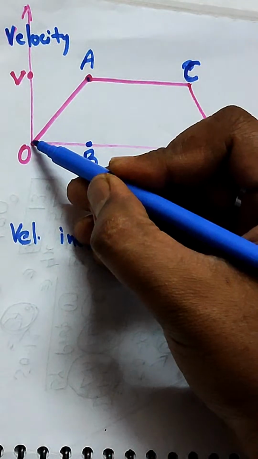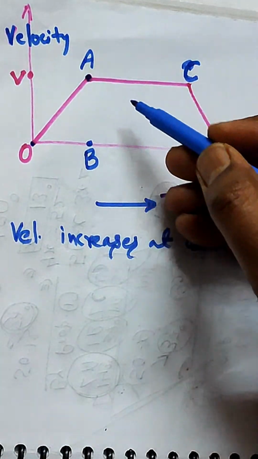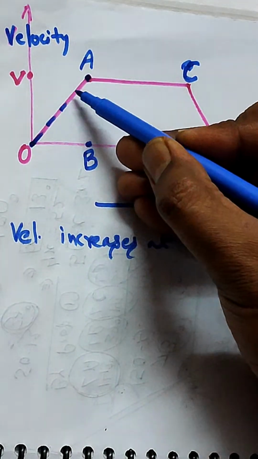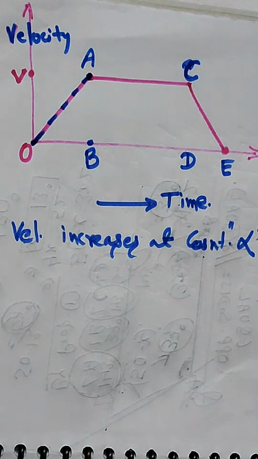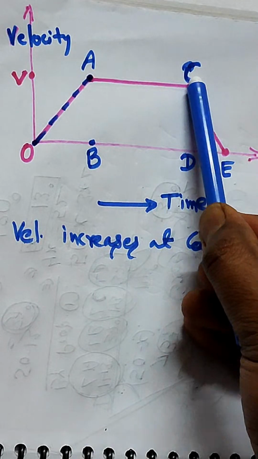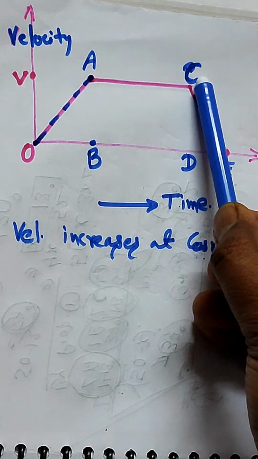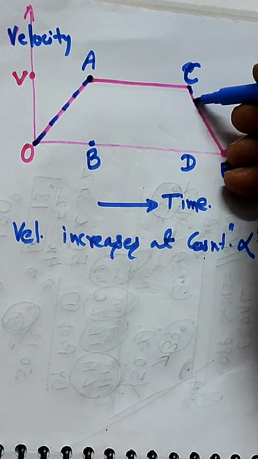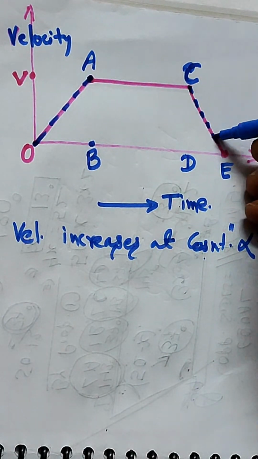This is the period from O to A. During this period, the velocity of the train increases at a constant rate alpha. Then it just runs at a constant velocity, you can see A to C. Then gradually it decreases at a constant rate beta.